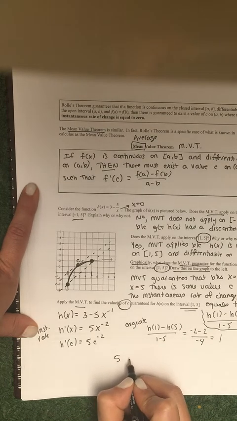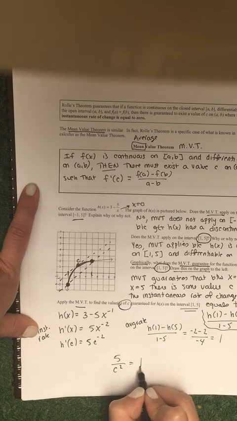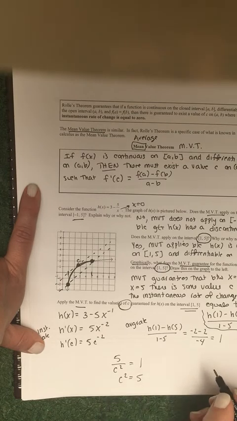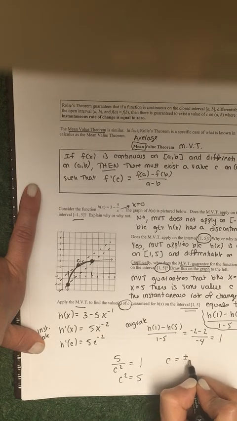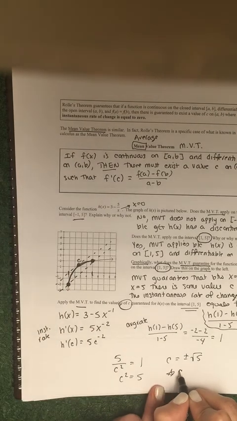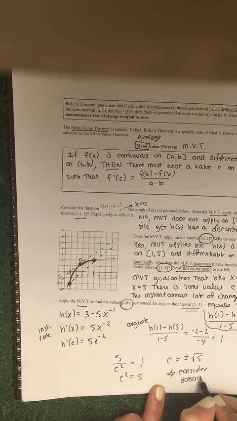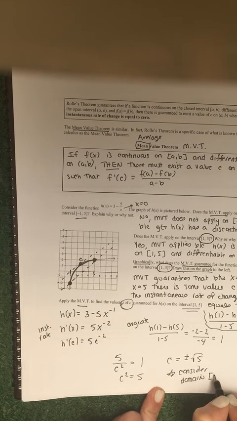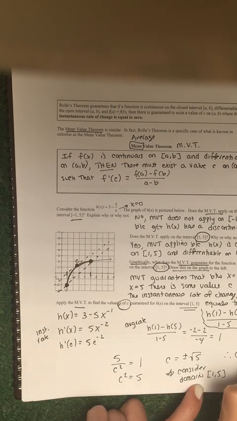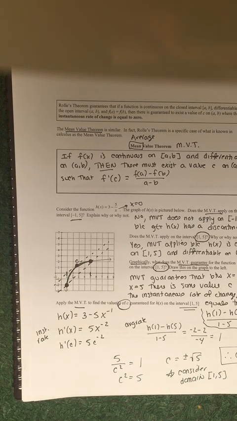So 5c to the negative 2 equals 1. We'll find that c squared is equal to 5. So c is equal to plus or minus radical 5. But we consider the domain that we are using, and that's only from positive 1 to positive 5. So we'll find that c is equal to radical 5 only.